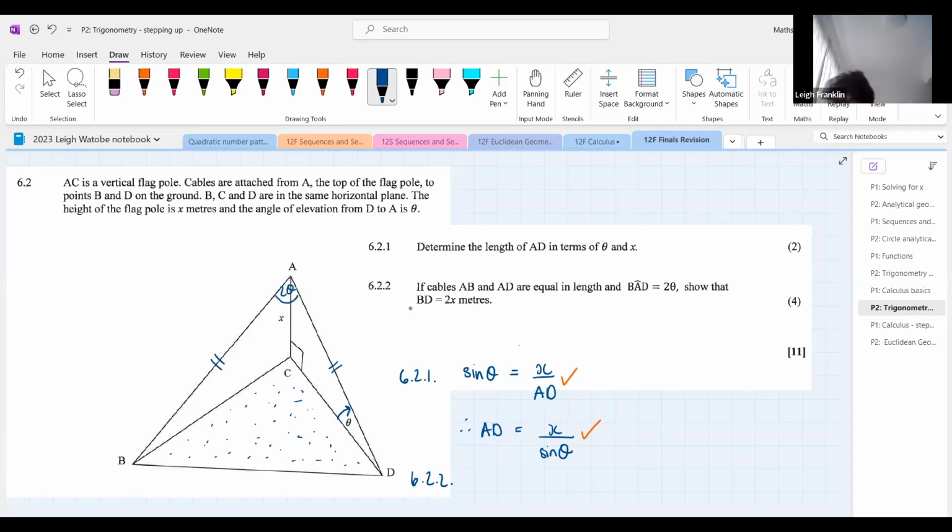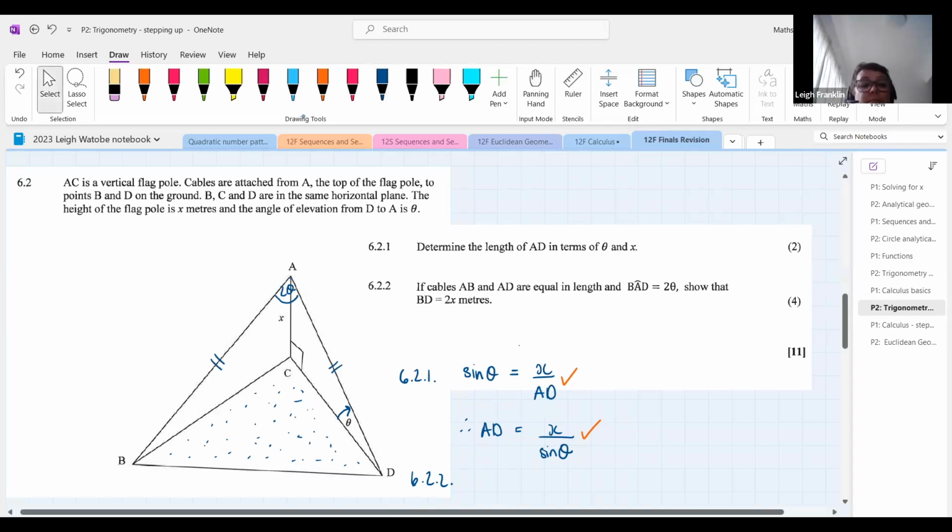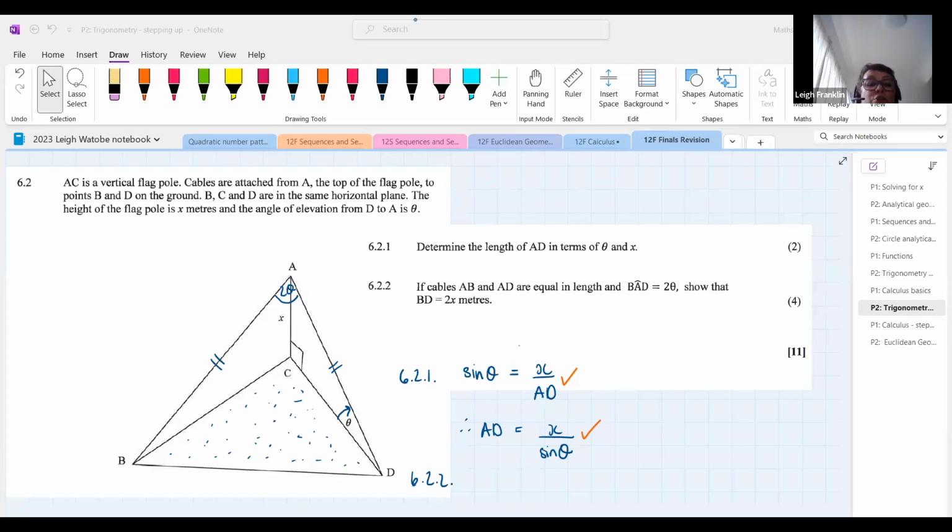Which triangle are we working in? In question 6.2.2, which triangle are we working in? That's it. In triangle ABD or BAD. Good. Well done, everybody.